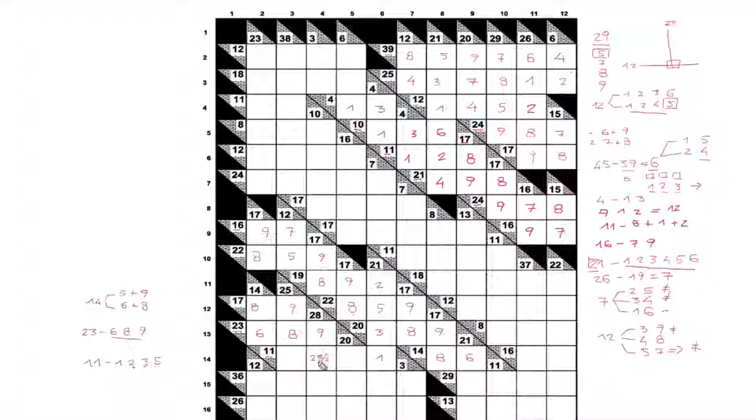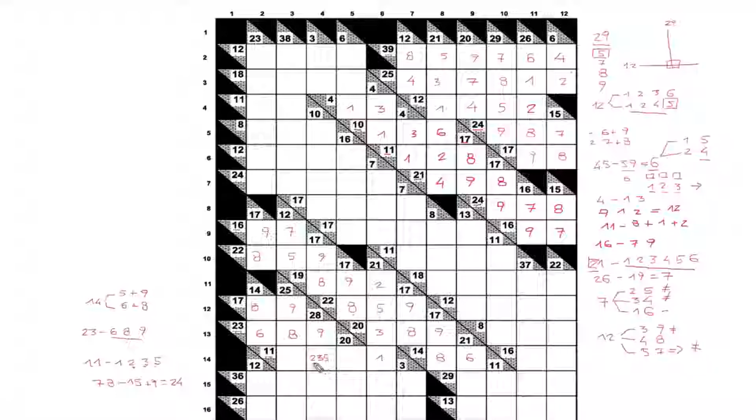But is it possible to have number 2 or number 3 here in this cell? Let's see. Here in these 2 cells, the maximum number will be the remaining 2 numbers from 9. It will be number 7 and number 8, which will be number 15, plus number 9 will be number 24.